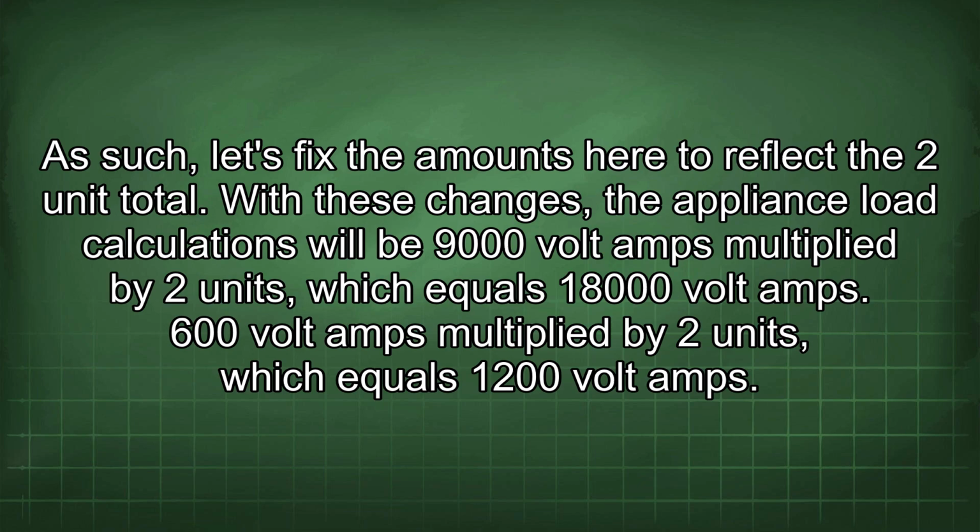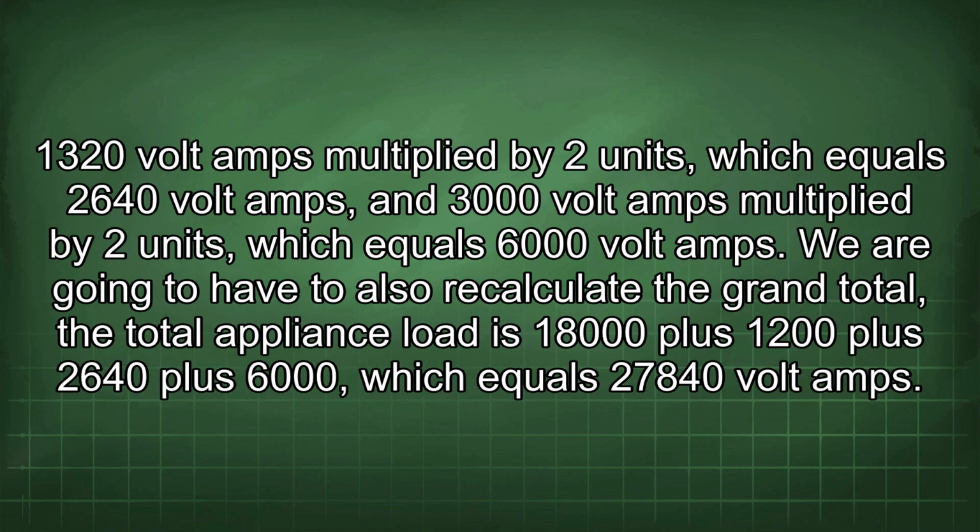With these changes, the appliance load calculations will be 9000 volt amps multiplied by 2 units, which equals 18,000 volt amps. 600 volt amps multiplied by 2 units, which equals 1200 volt amps. 1320 volt amps multiplied by 2 units, which equals 2640 volt amps, and 3000 volt amps multiplied by 2 units, which equals 6000 volt amps.